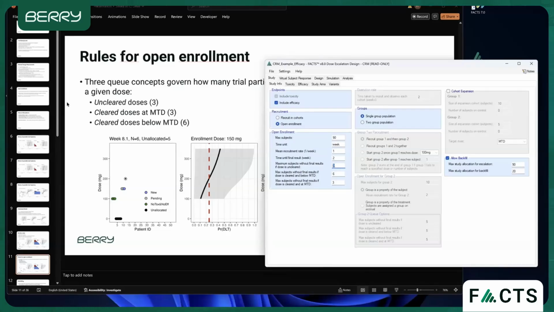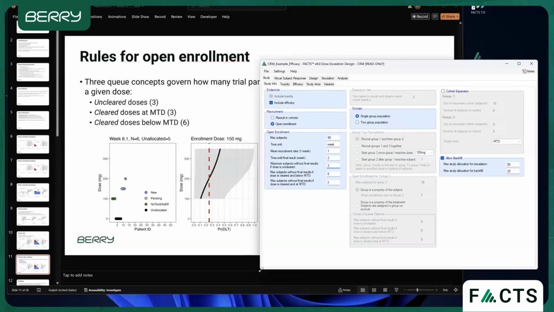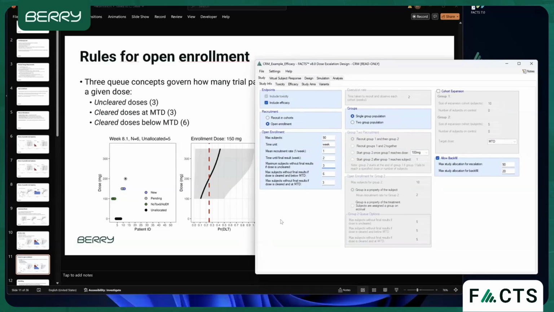Tom, I see you came off the mute. Yeah, Elias. Somebody's asked if you can enlarge the FACTS window to make it a little more readable. They're having trouble seeing the options clearly. Unfortunately, just dragging the window isn't going to increase the size. Exactly. Yeah, apart from changing the resolution of your screen, I don't know what you can do.